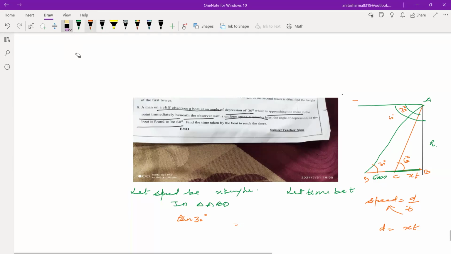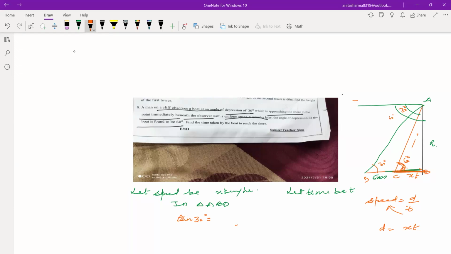Yes, children. Ma'am, come again, ma'am. Beta, see, this angle is 60 degrees, right? Yes, ma'am. So will the base be this or this? The base will be the down one, x. Ma'am, the base will be BC, and the perpendicular is this, right?